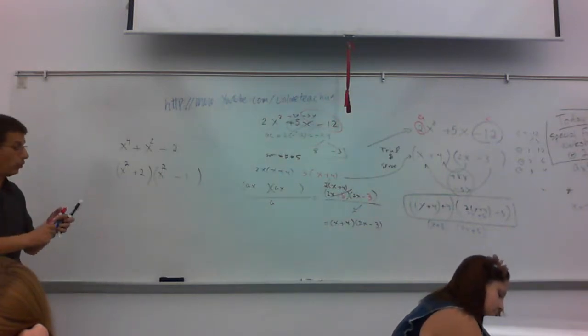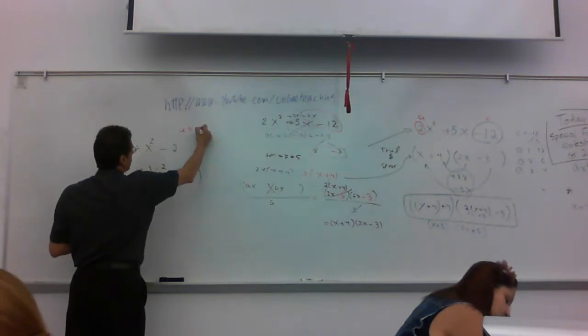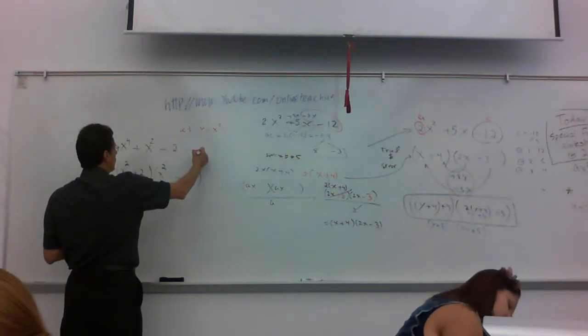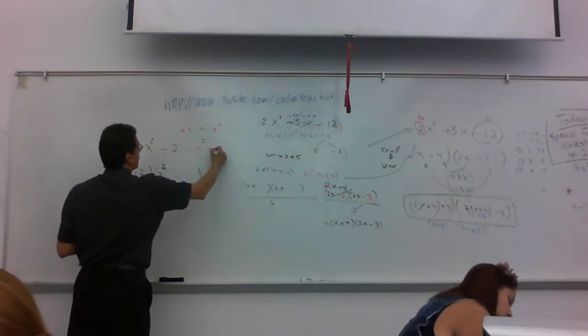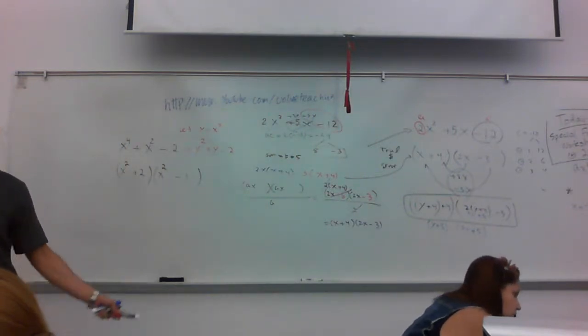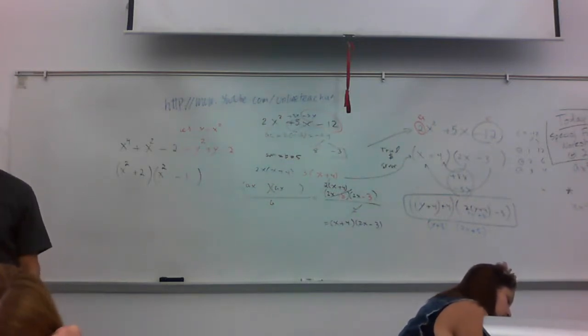Or if you want to go with the substitution, let y represent x squared. If you go with that case, do you see you get y squared plus y minus 2? Do you see the one in red? And then you factor it, which you already know how. It's a simple case of a trinomial.